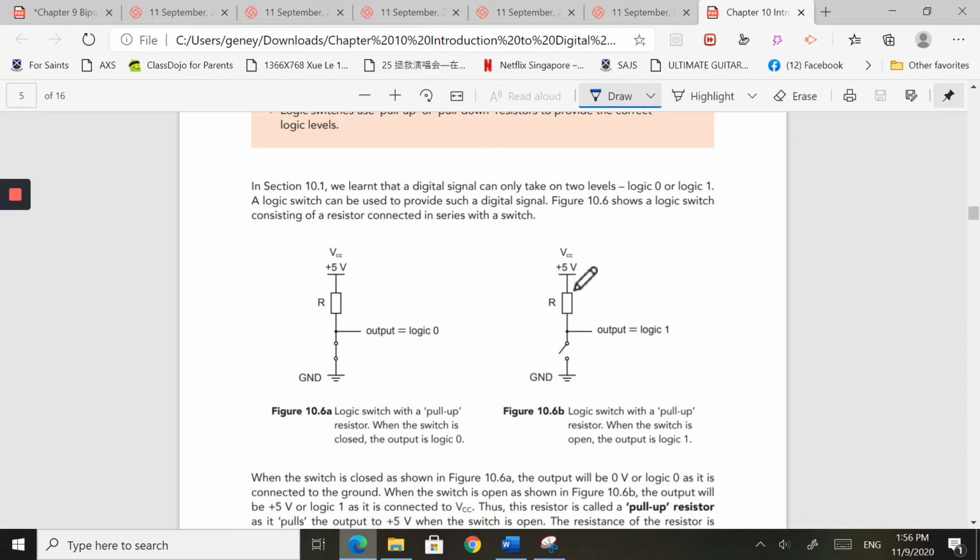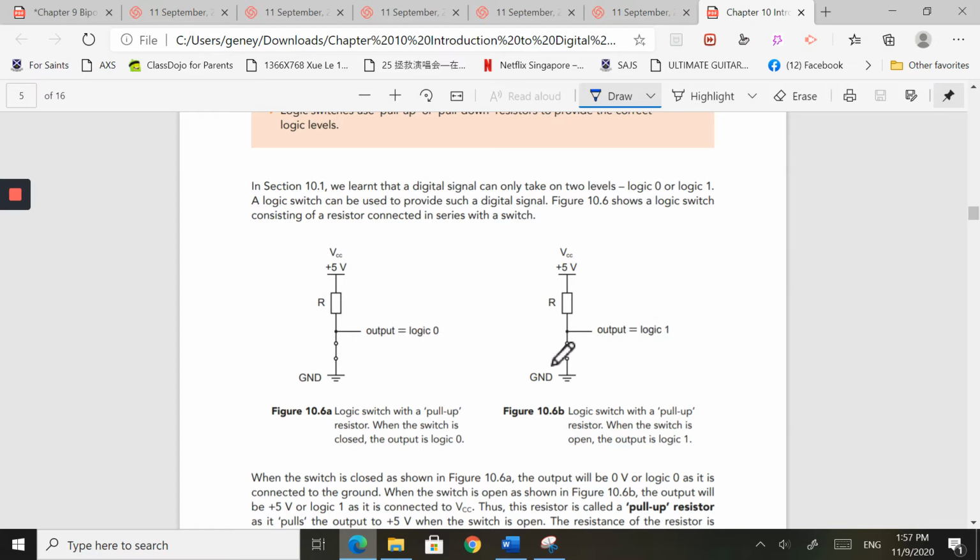By right it should be a 5, but you never know. It might be floating. I don't know what it's going to do. So this resistor is to pull up the value when the switch is open to make sure that the logic is 1. And when you close the switch, it's going to give you a logic 0. That's all you need to know about what a logic switch does. It ensures that the output is either a logic 0 or a logic 1.